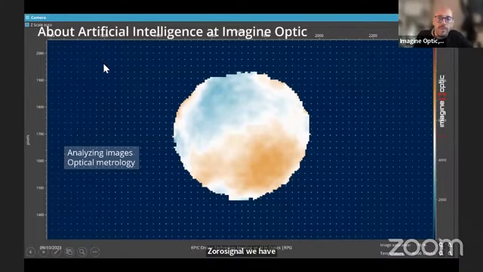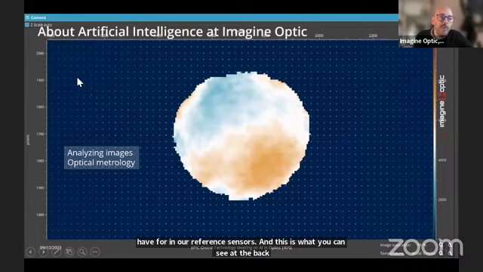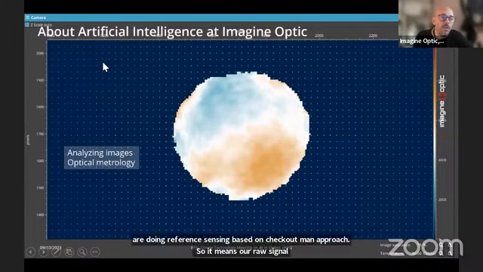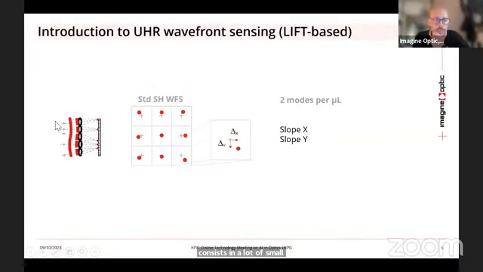We are doing wavefront sensing based on the Shack-Hartmann approach. So it means our raw signal consists of a lot of small points on a camera. Just as a reminder, what we do in our sensors is to embed a microlens array that you can see here from the side. Each microlens is sampling the incoming beam and focusing centroids on a CCD.